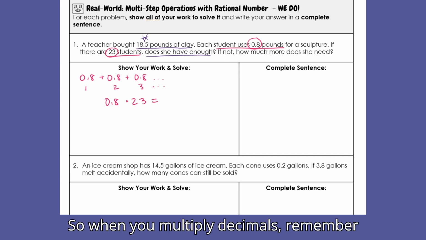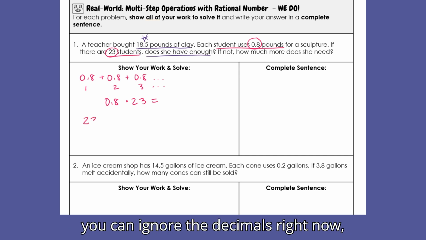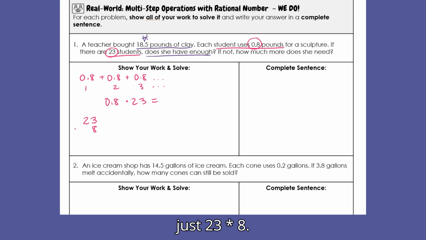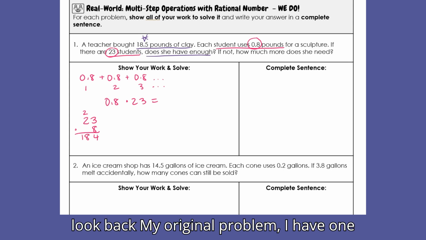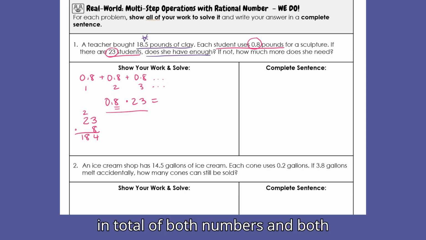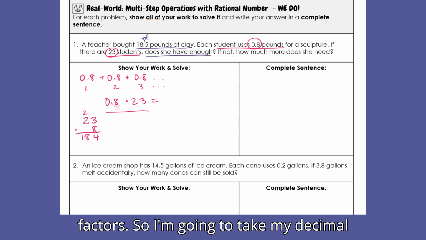So when you multiply decimals, remember you can ignore the decimals right now. So I'm going to pretend it's just 23 times 8. 8 times 3 is 24. 8 times 2 is 16, plus 2 is 18. So I have 184. Then look back at my original problem. I have one number to the right of the decimal place in total of both factors.